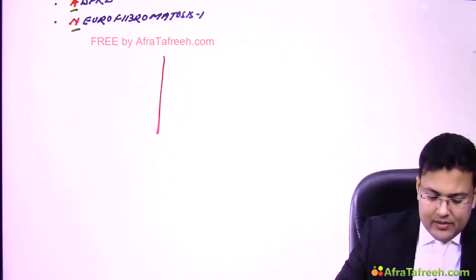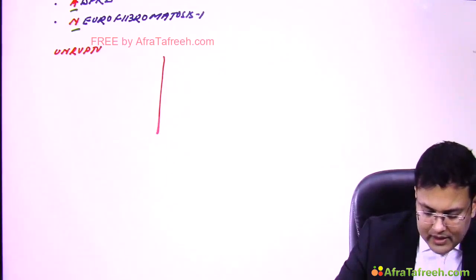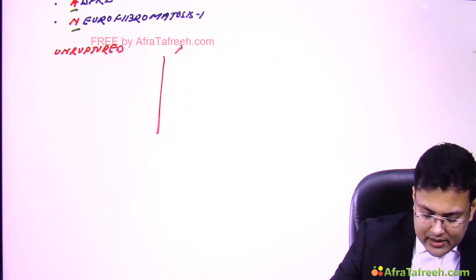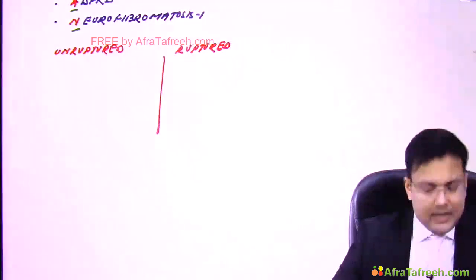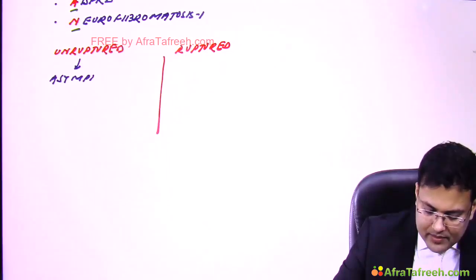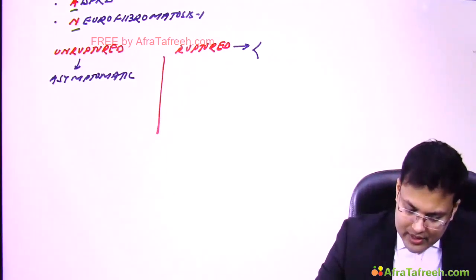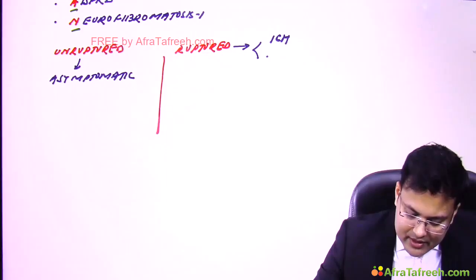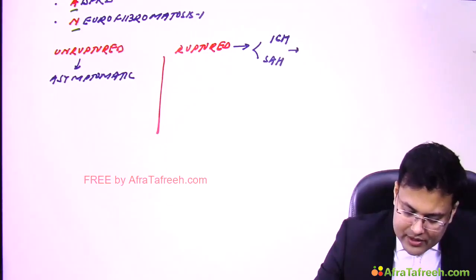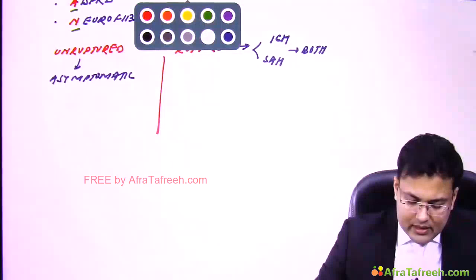So presentation: it can be unruptured, and the second situation, it is ruptured. Unruptured Berry aneurysm is generally completely asymptomatic, and ruptured Berry aneurysm can lead to intracerebral hemorrhage, subarachnoid hemorrhage, or both.